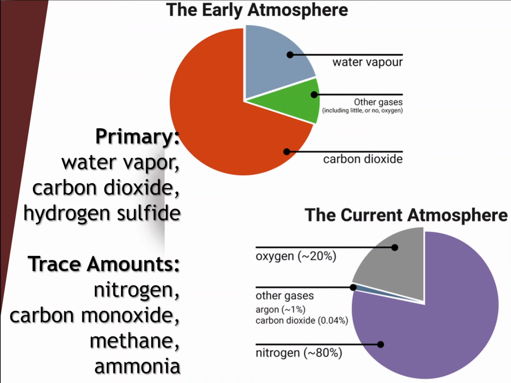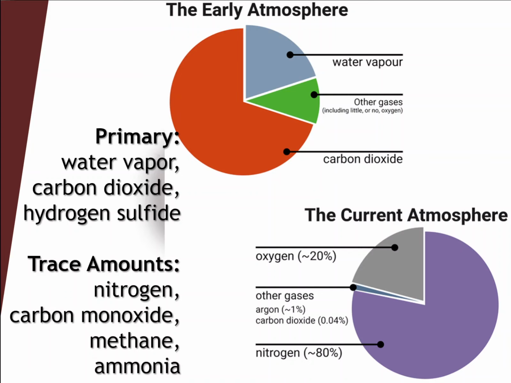Now, there were also trace amounts of nitrogen, carbon monoxide, methane, and ammonia, but primarily water vapor, carbon dioxide, and hydrogen sulfide. Now, these gases reacted with minerals that were found on land and dissolved in the ocean. The gases that did not react would begin to accumulate and form Earth's second atmosphere.